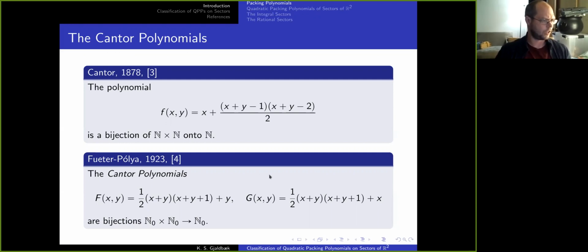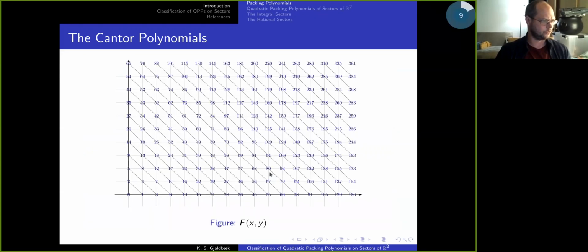If you plot the function f, these are the values written in the coordinates. If you have x out here and y out here, you get the function values, and it's easy to be convinced at least that this is indeed a bijection onto N naught.